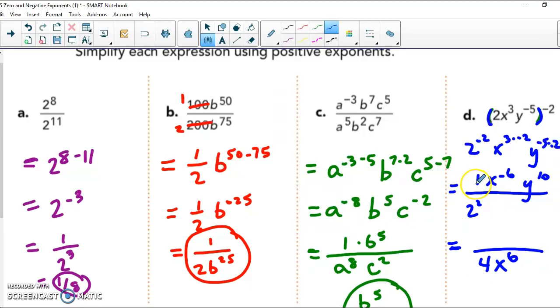I don't need to list this 1 again in my numerator because 1 times anything is going to be itself, and I'm still going to keep my y to the 10th in my numerator. So once again, my 1 became unnecessary because 1 times y to the 10th is y to the 10th. 2 squared became 4. X to the negative 6th moved down to my denominator, and y to the 10th stayed up top.